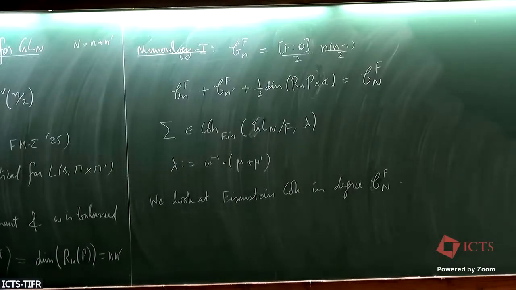Next, I want to, so this is Eisenstein cohomology in GL capital N, and I want to now bring in some auxiliary cuspidal cohomology.